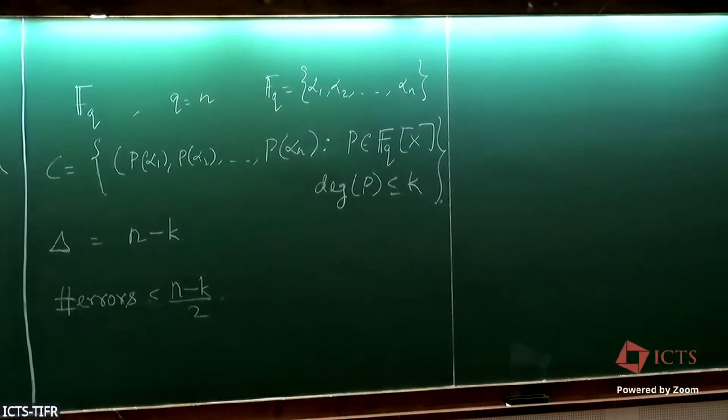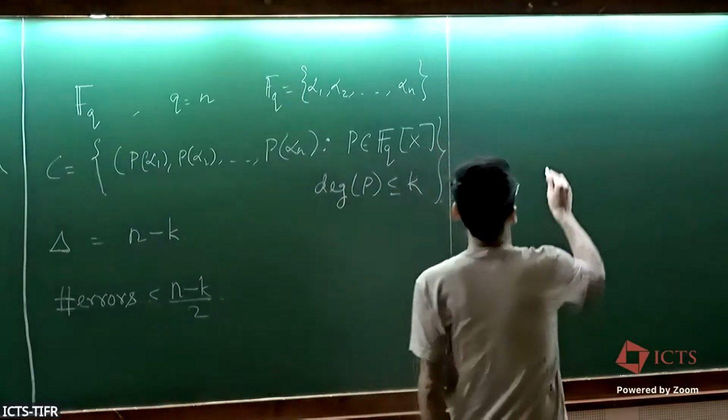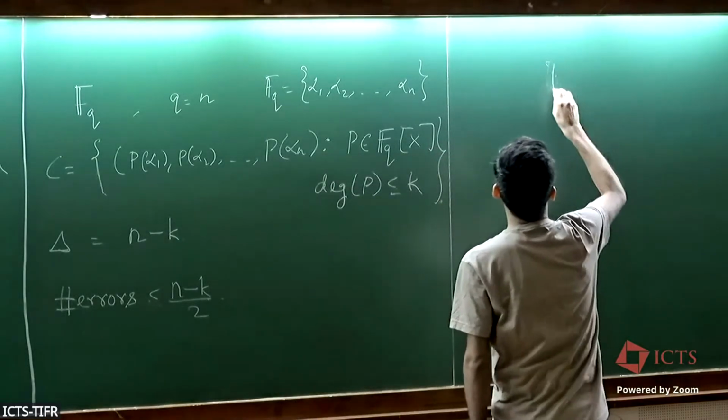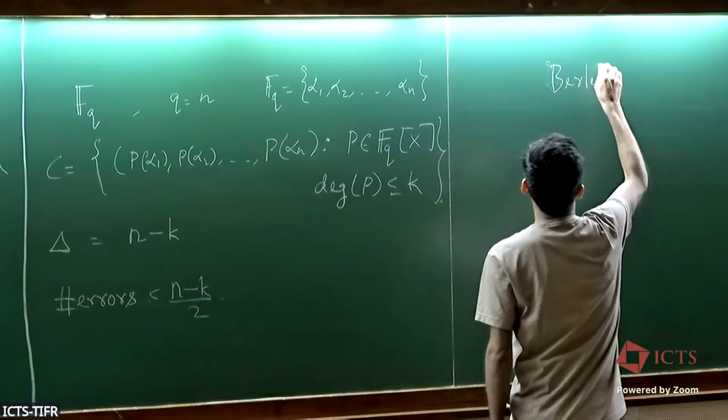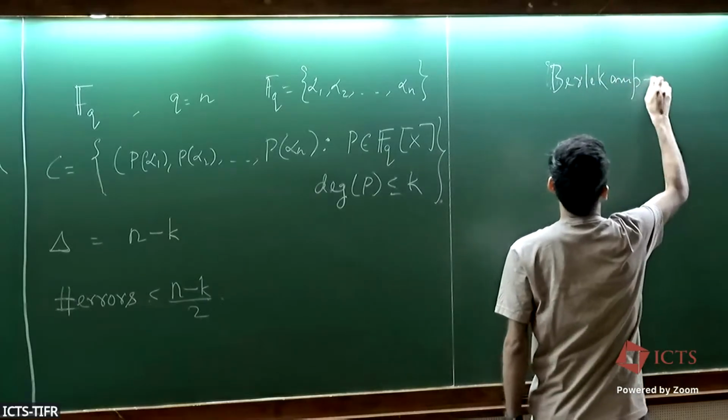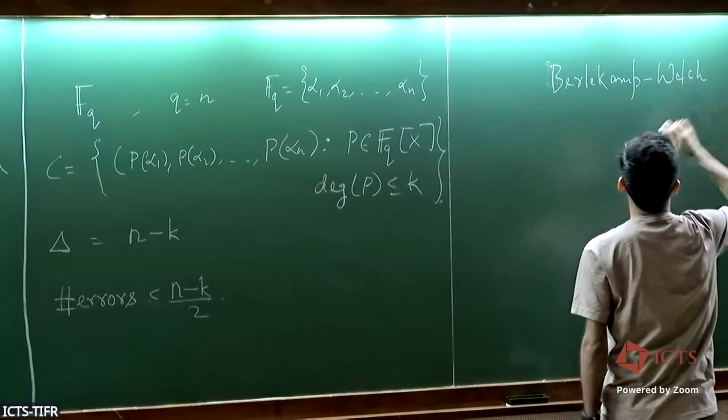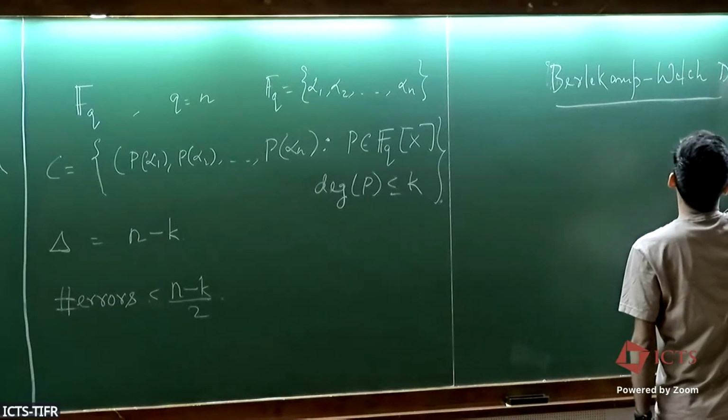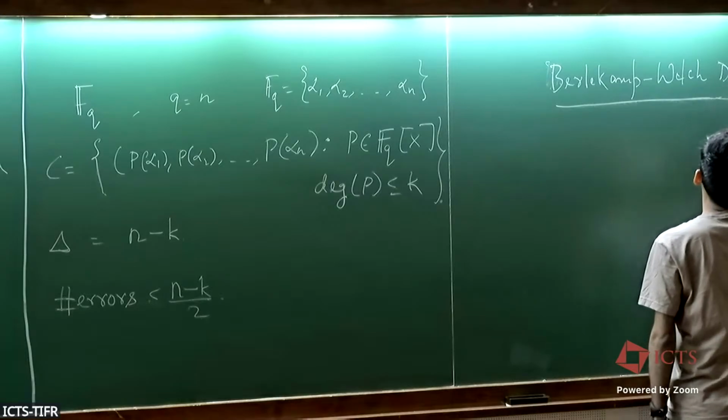Okay, so these codes were defined in the 50s, and we have known efficient decoders for these codes since the early 60s, and there are various different kinds of decoders. There are algorithms of Peterson, Berlekamp and Massey, Sugiyama, but the decoder that we are going to see is from the late 80s. It's called the Berlekamp-Welch decoder.